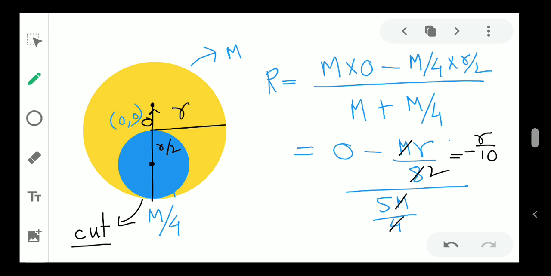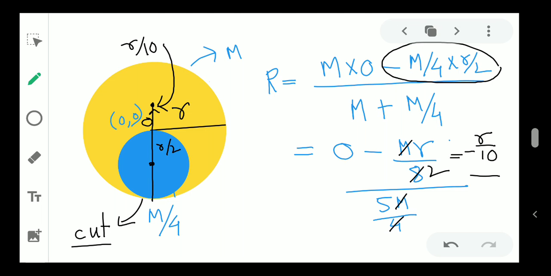So this position will be minus r by 10, at r by 10 distance from the O. So what you have to remember is that you have to subtract the contribution of the cutout piece. So this was the basic idea behind it.